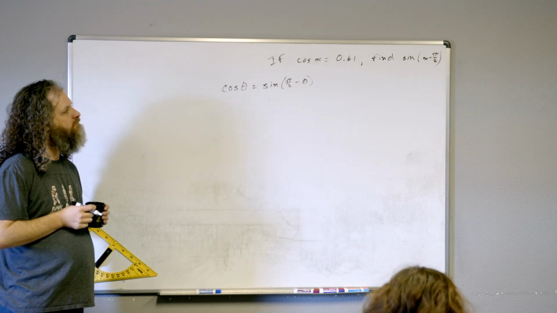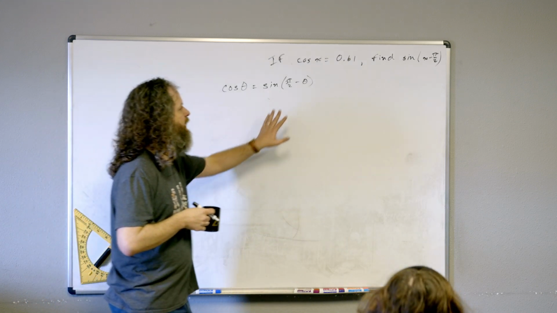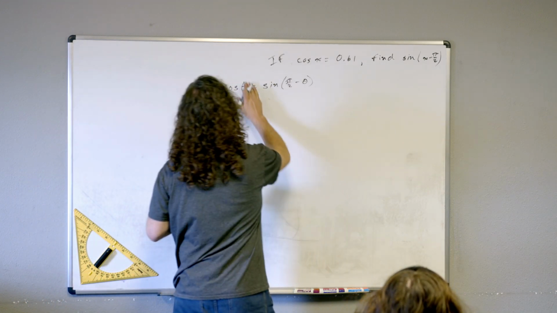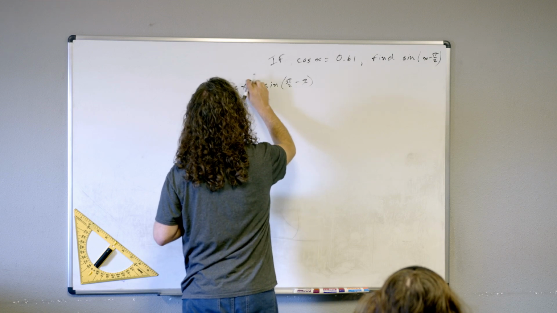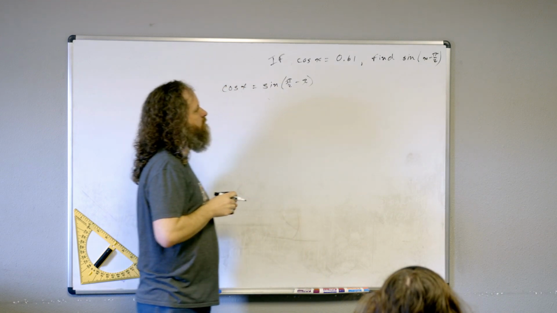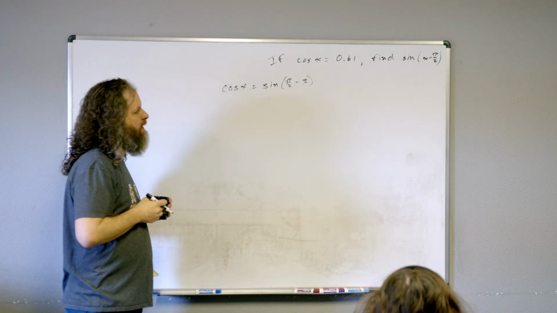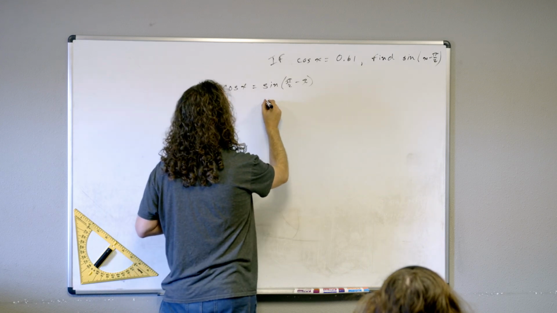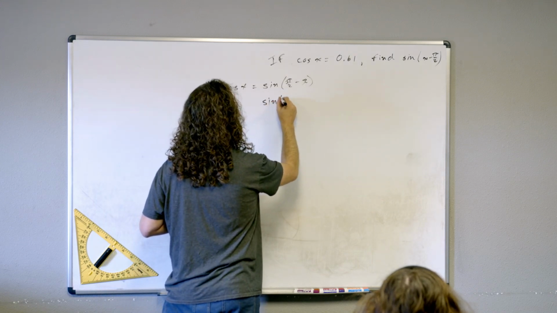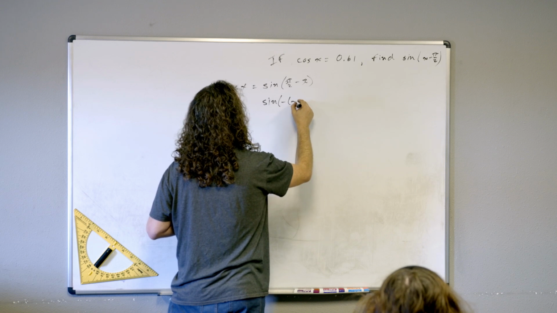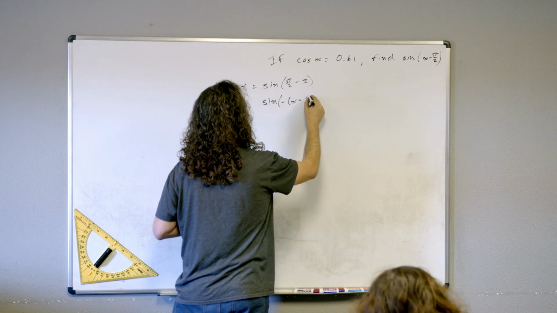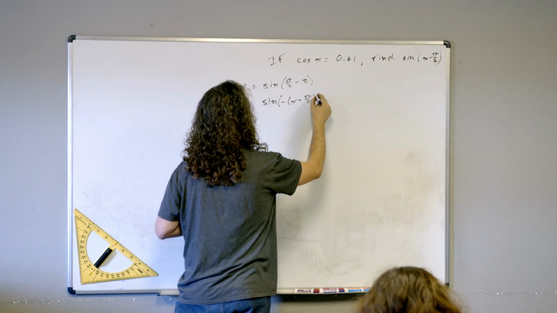No. It doesn't quite match yet, right? We can use x instead of theta. I mean, that's fine. That's irrelevant. But we have to flip the signs, this is backwards. So this is sine of negative x minus pi over 2. Right?